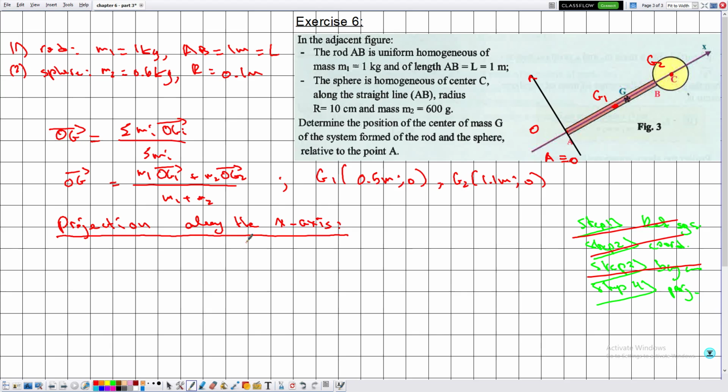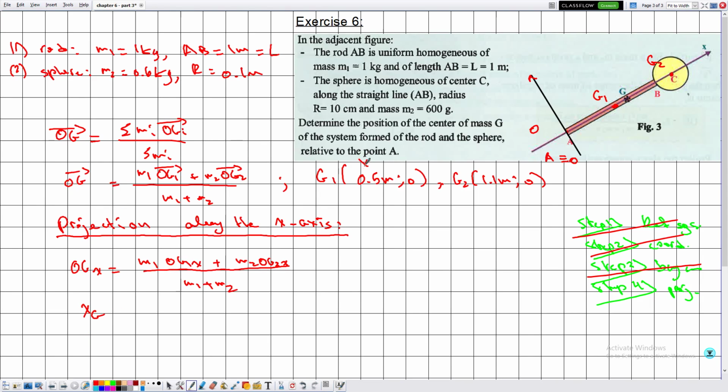In this case, we will drop down the vectors, and each vector quantity will carry the label x. Now, because we are measuring the distances with respect to an origin, these distances are reduced to the coordinates of the points. So this is xg.